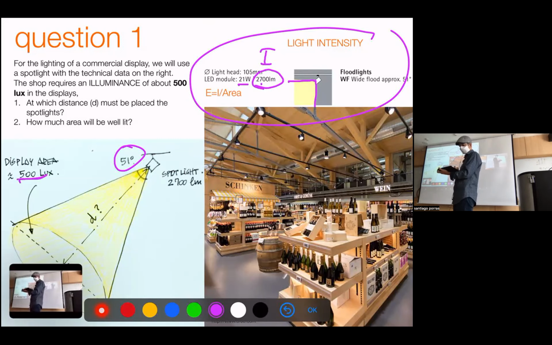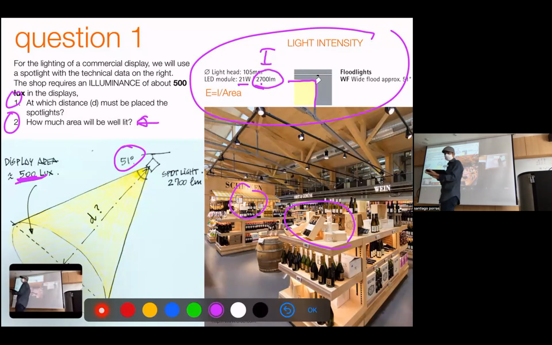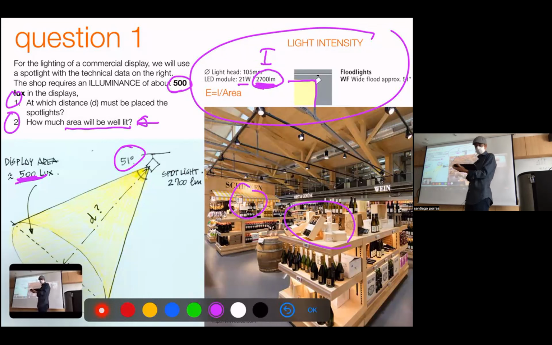We want to have 500 lux for a commercial display. There are two questions, but actually we have to answer the second one first, right? How much area will the 2700 lumen lamp light with 500 lux? So we have to know the area.